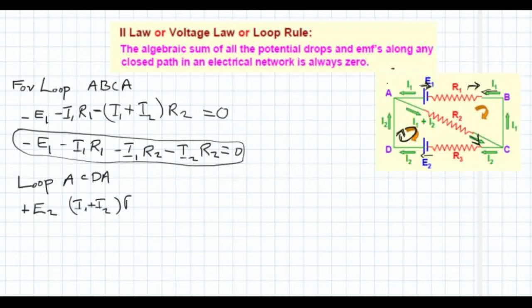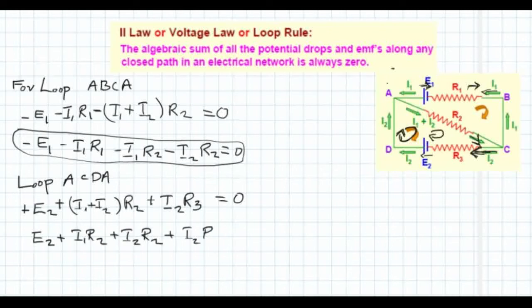So I1 plus I2 into R2 is positive because the direction is clockwise. Then similarly across R3 the current is I2, and the current I2 is also in the clockwise way. So I2 can be taken as positive. So positive I2 R3, that is equal to 0.